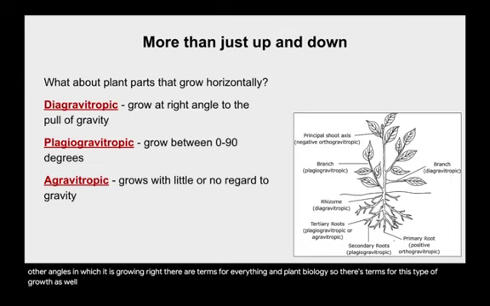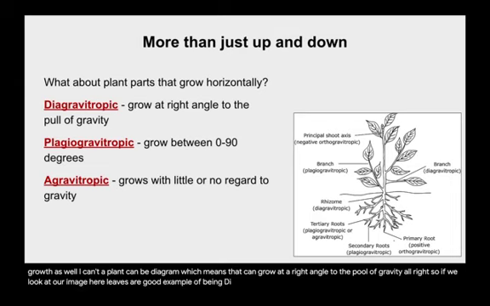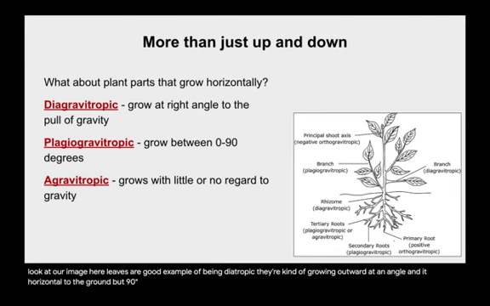A plant can be diagravitropic, which means it can grow at a right angle to the pole of gravity. So if we look at our image here, leaves are a good example of being diatropic. They're growing outward, horizontal to the ground, but 90 degrees from the force of gravity.